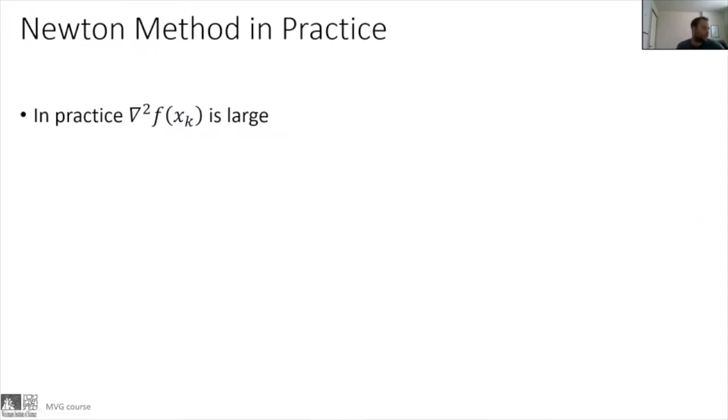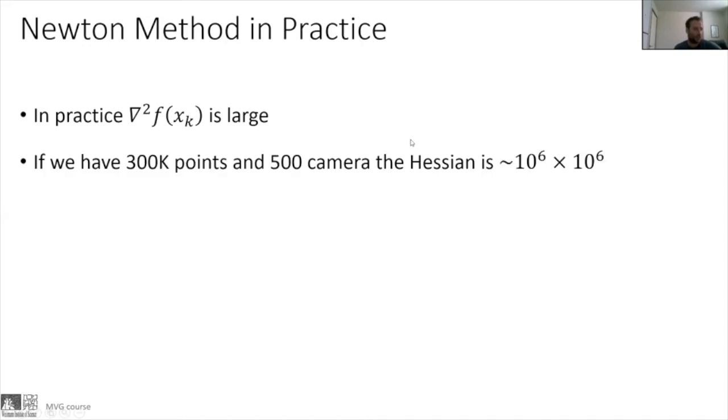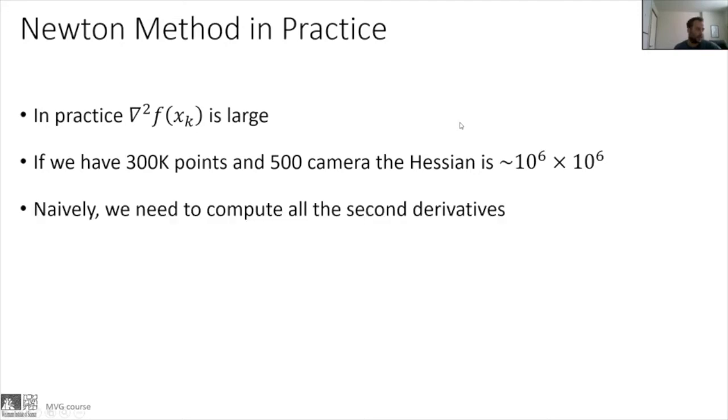So what is the problem? The first is that the Hessian of the function is very large. If we have n parameters, the Hessian is n times n, which, let's say we have 300K points and 500 cameras, so the Hessian will be around a million by a million, which is very large.